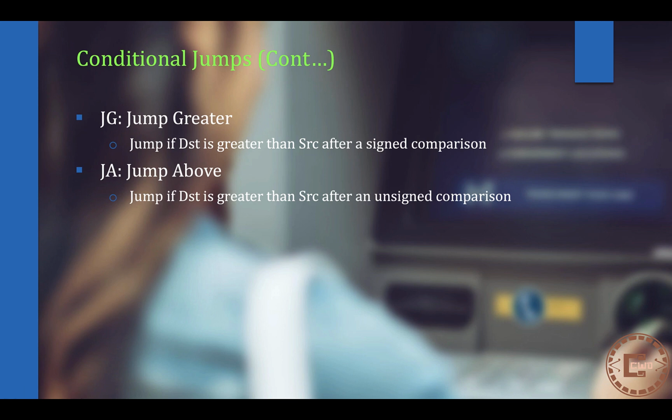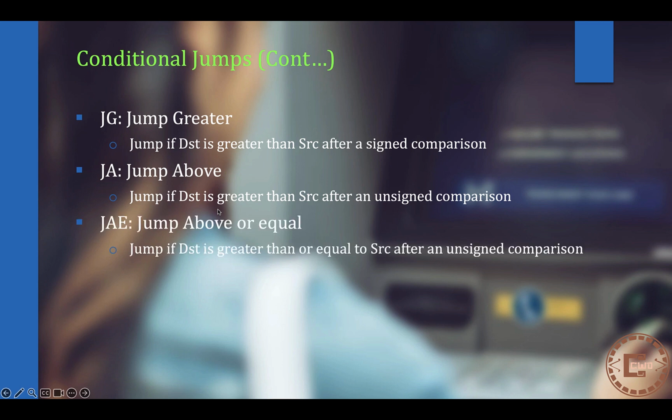Jump above: jump if the destination is greater than the source in an unsigned comparison. This is when all values are positive, instead of signed values, which can be positive or negative. It's based on the format you use, and you use these two different jumps.